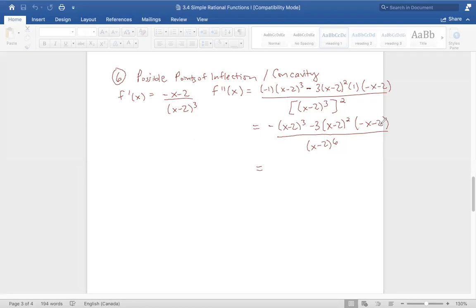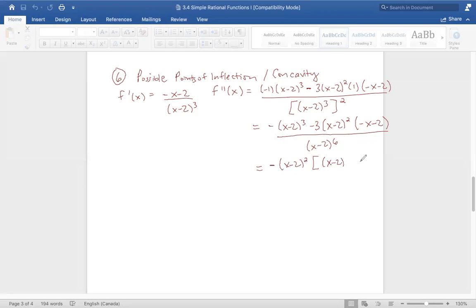Now this is not exactly the same because the x is negative. But I can take out a common (x minus 2) squared. So I leave this negative out in front and factor out (x minus 2) squared. Then I put square brackets to indicate what's left over. I had 3, I took out 2, I'm left with 1, (x minus 2) to the exponent of 1.